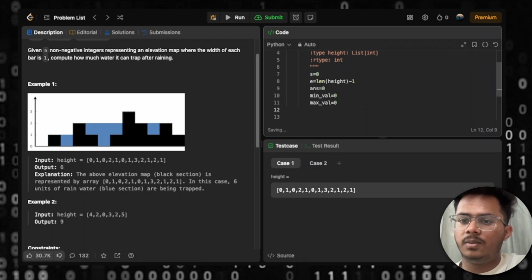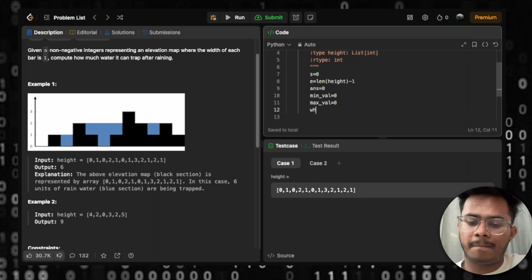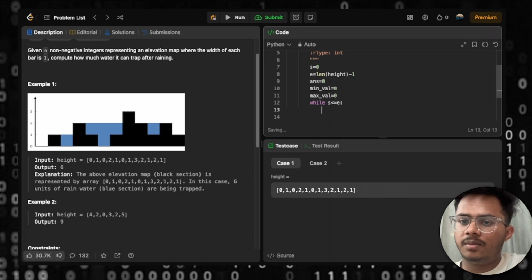After this, we'll take a while loop and compare both the starting and ending indexes. While start is less than or equal to end, we will calculate the min value first.